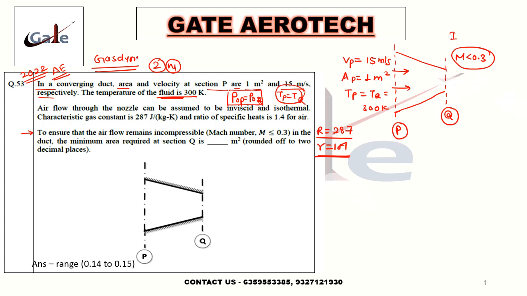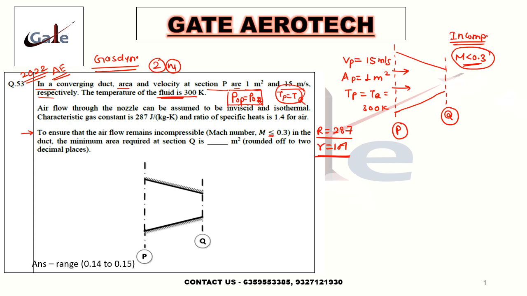They are saying that the flow should be incompressible, that means your Mach number should be less than or equal to 0.3. They have given the equals to, so also be careful. They are saying the minimum area required at Q so that your flow will remain incompressible, rounded off to 2 decimal places.